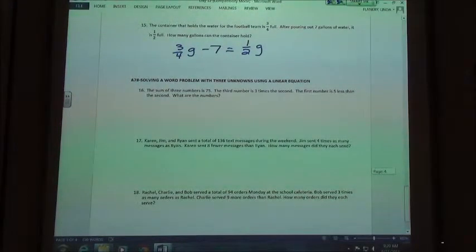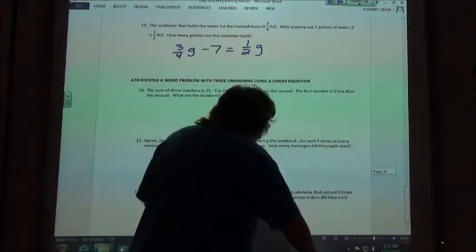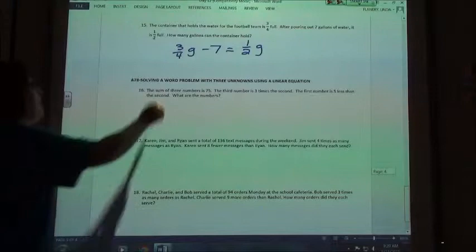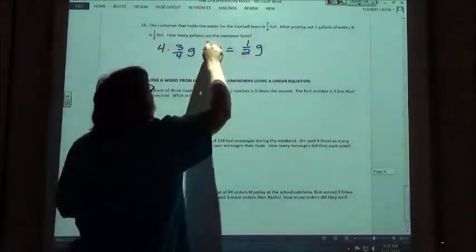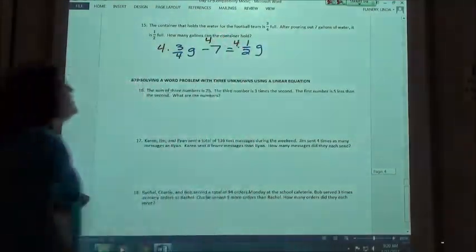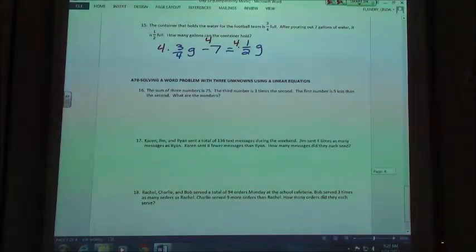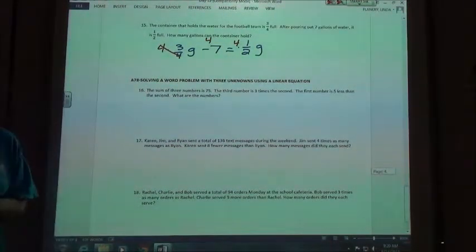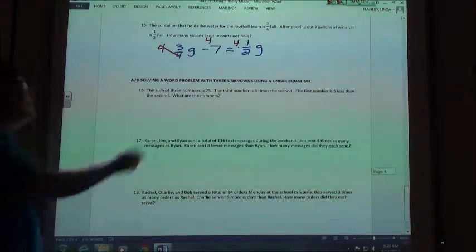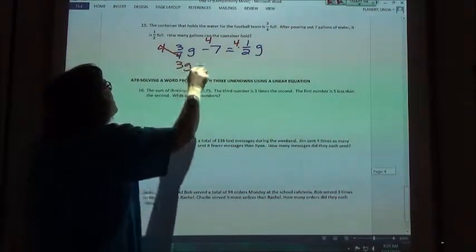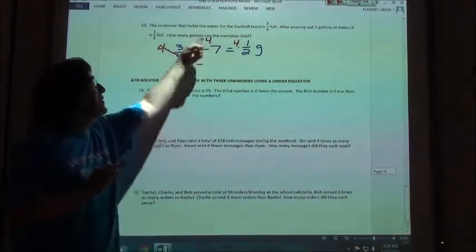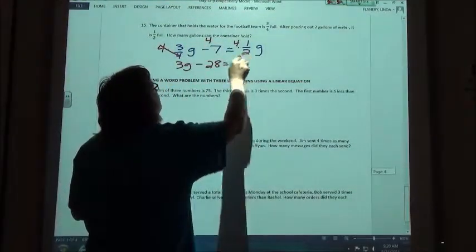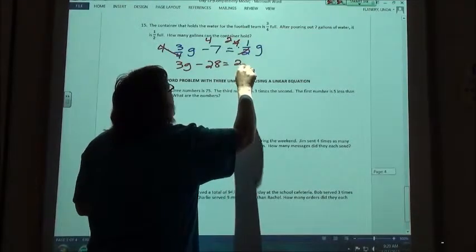And so if we want to solve this one, first thing we're going to do is multiply everything by 4. And if we multiply by 4, we're then going to have 3G minus what? 28 equals 2G.